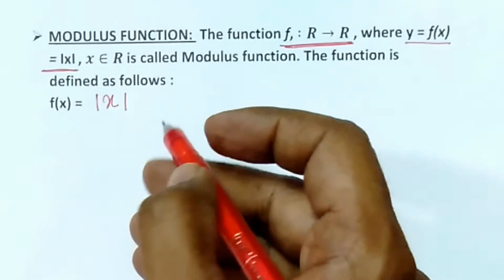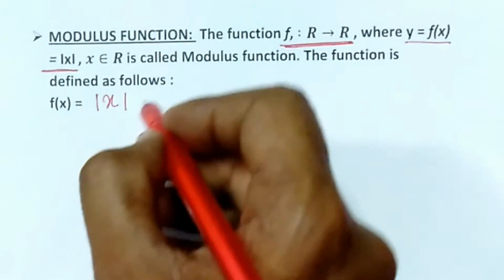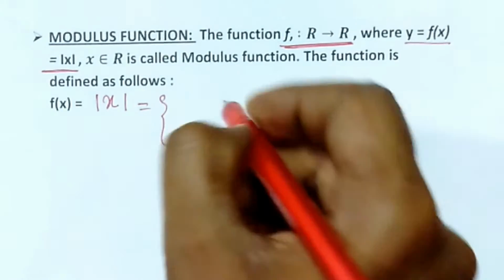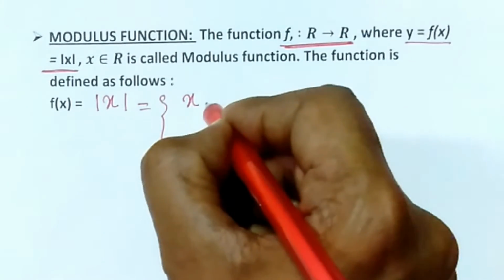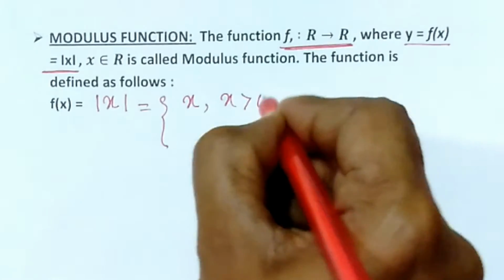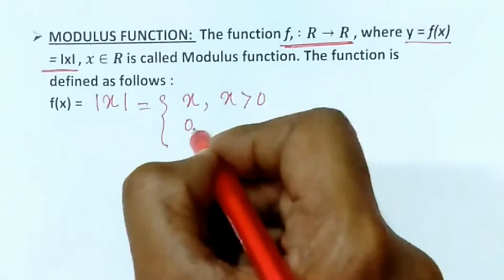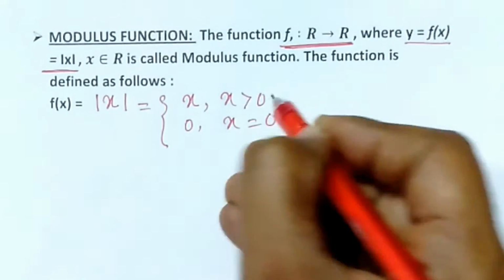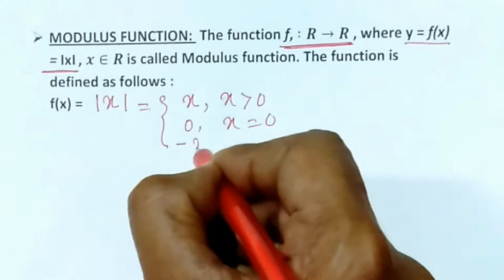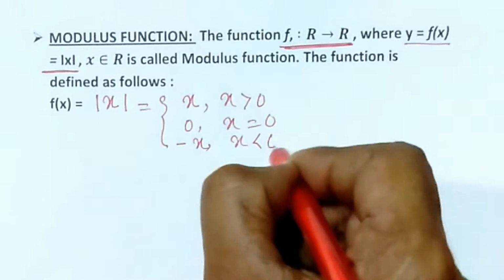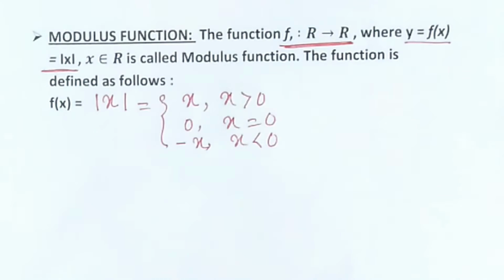The function is defined as follows: f of x equals mod of x is equal to x when x is positive. The value of mod x is 0 when x is 0, and the value of mod x is minus x when x is negative. This is the definition of the modulus function. This is a very important function. You have to remember this function and its definition as well as its graph.